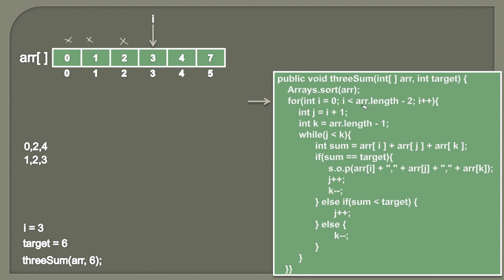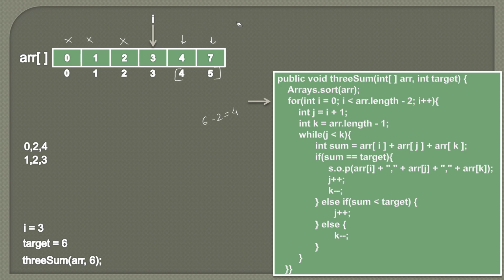So here you can see, if we calculate array.length, we will get 6. If we do -2, we will get 4. So i is still less than 4 because it is pointing to third index. And here you can see why we have provided this condition: because we need to give space for the other two pointers as well. One can occupy this position, other can occupy this position.